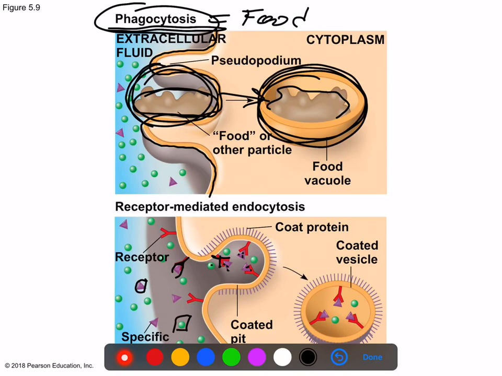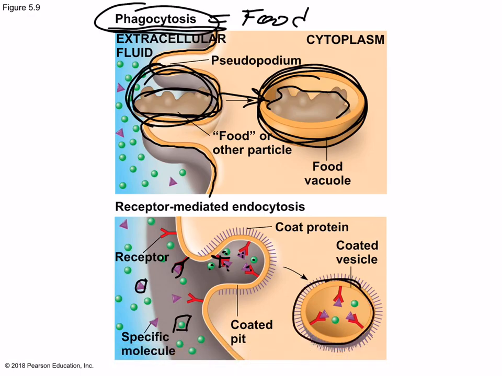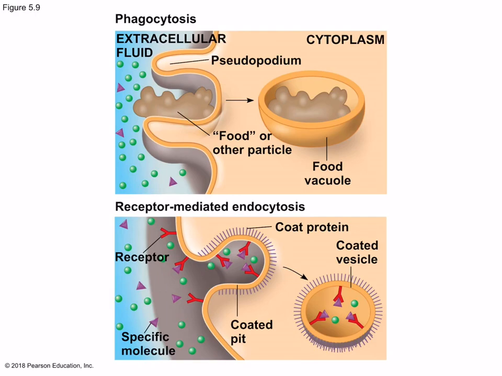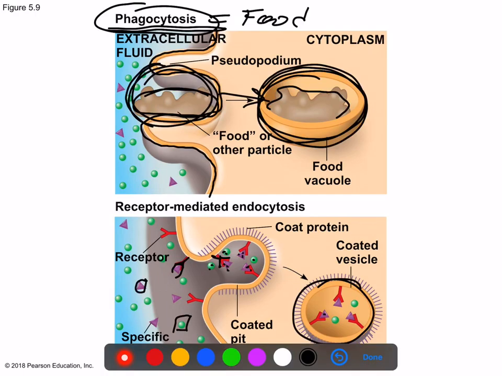But when you bring them in, notice that some of these little green circles kind of piggyback for the ride, and they also end up coming in. All right, but the goal was to bring in the triangles, right? But by accident, the cell also brought in these guys, the little green circles.